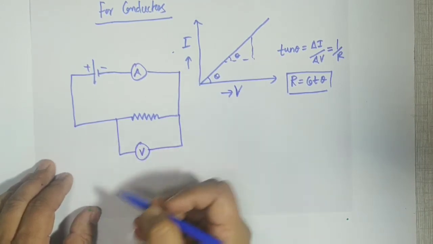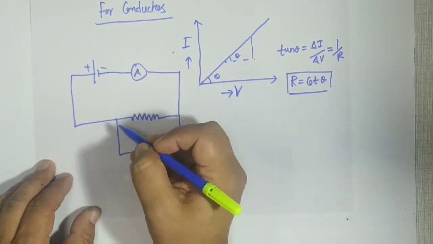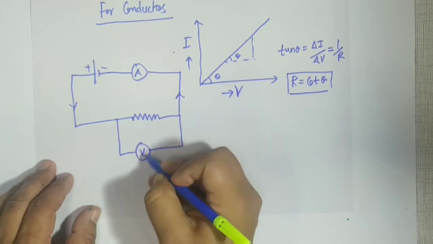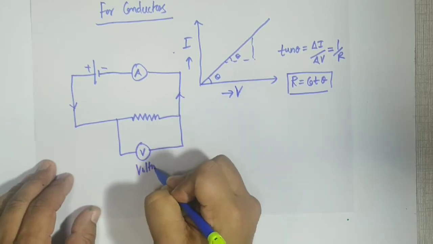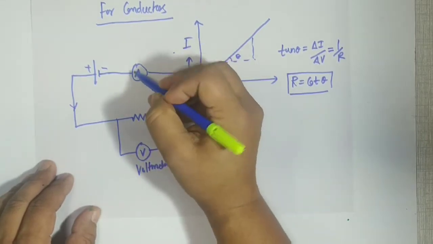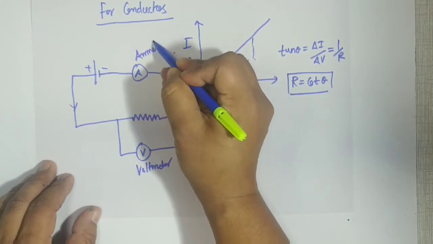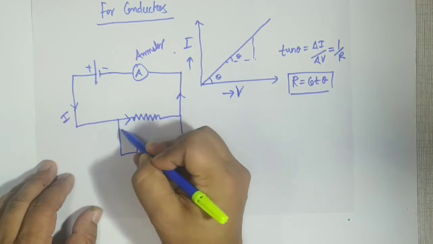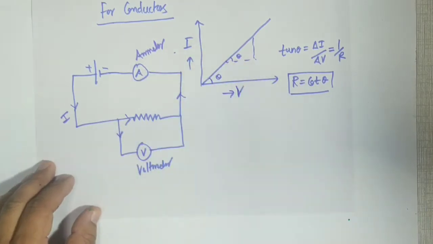So simply it is this. This will be the voltmeter, this will be the ammeter, and then current flows from here, gets distributed here, then goes back.